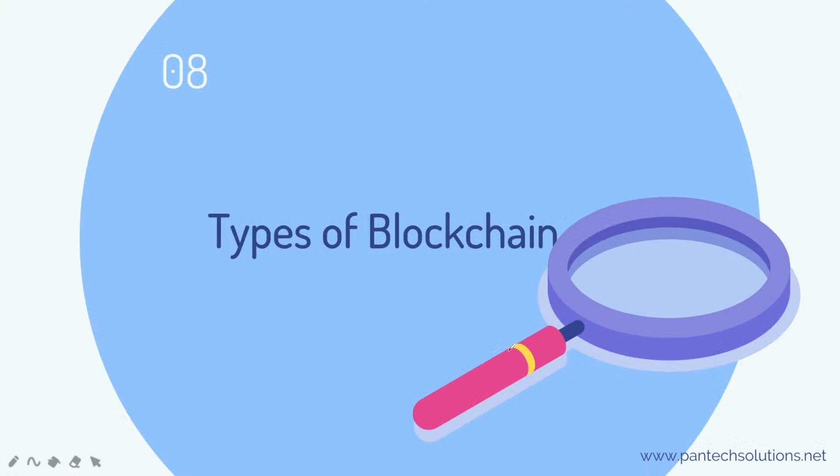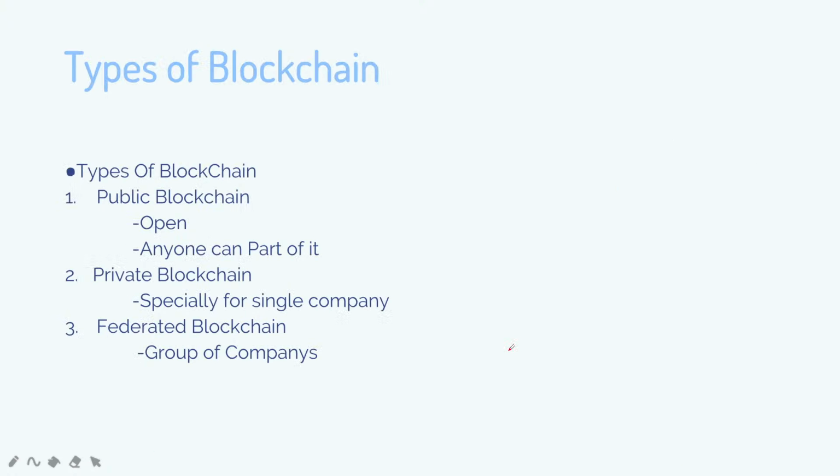Okay, so types of blockchain. We have different types of blockchains. For example, we have public blockchain, private blockchain, and federated blockchain. If we take public blockchain, it is open, and anyone can be part of it.